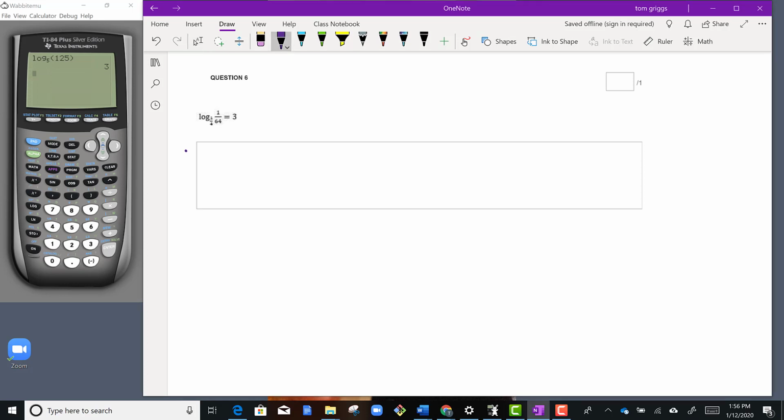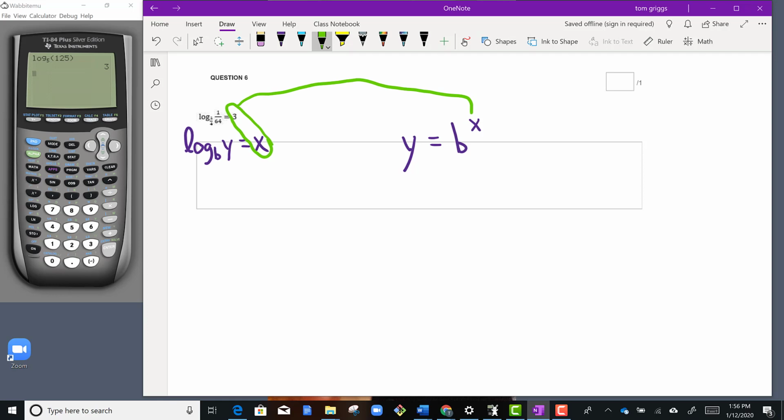And here we're going the opposite way. They give the problem to us in log form. We want to convert it to exponential. So on the right-hand side of the equal sign is 3 and x. So that 3 is going to be our exponent.